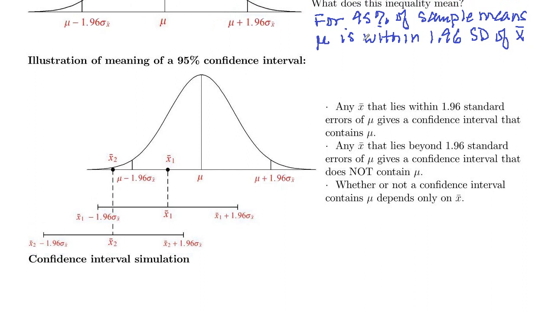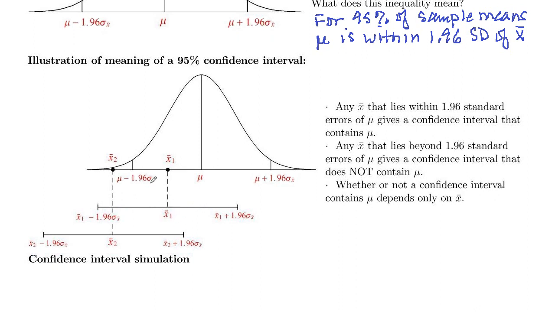So that 95% confidence is saying, here's our sampling distribution, mean in the middle, and mean minus 1.96 standard deviations, mean plus 1.96 standard deviations. Now if you take a sample mean, x1 bar, and add and subtract 1.96 standard deviations, notice that the population mean is inside that interval around x1 bar.